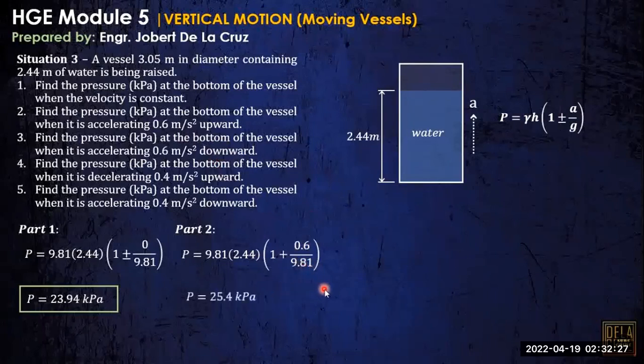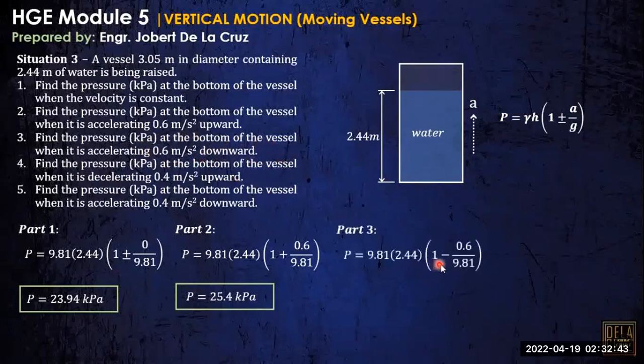And this is the answer. Part 3, find the pressure at the bottom of the vessel when it is accelerating 0.6 pa rin. But that is downward motion. So, ano yung magbabago? Accelerating downward motion. So, magiging negative lang siya. Minus lang. Then, that is 22.47 kilopascal.